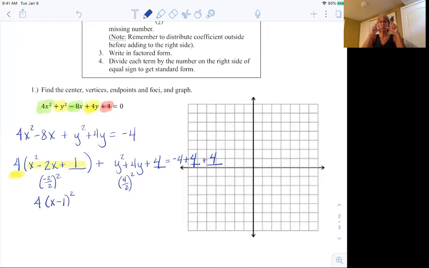Remember, that would factor into x minus 1 times x minus 1, which is x minus 1 squared, plus y plus 2 squared equals, clean up the other side, negative 4 plus 4 is just plain old 4. Now we want to divide through by 4 to get it into standard form and simplify.